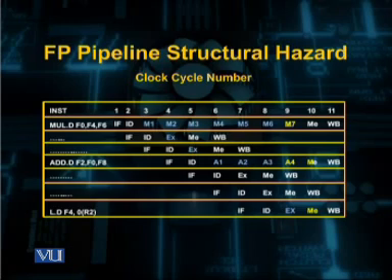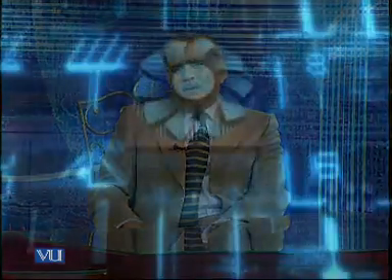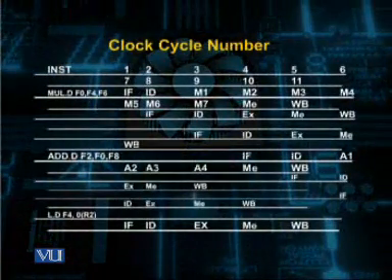Here you can see that the three write back operations appear in the 11th clock cycle, which leads to the structural hazard. And this is due to the varying length or the varying latency of different types of instructions.